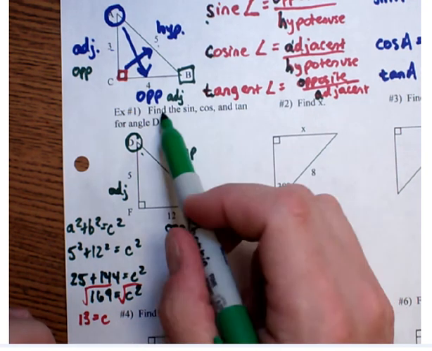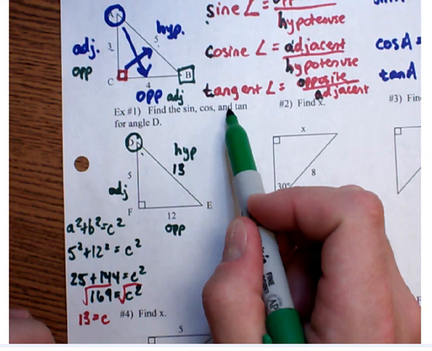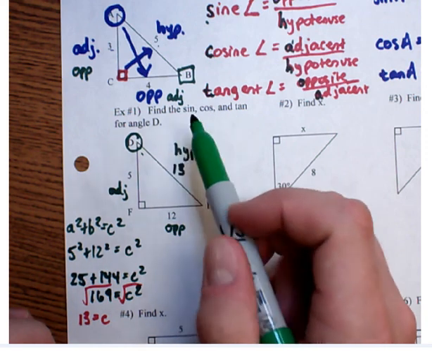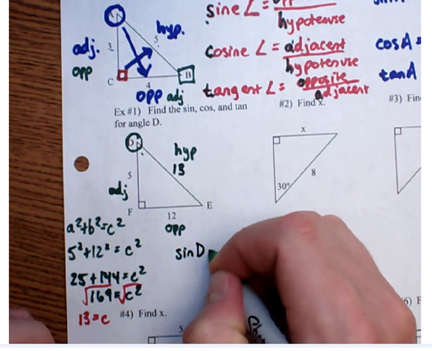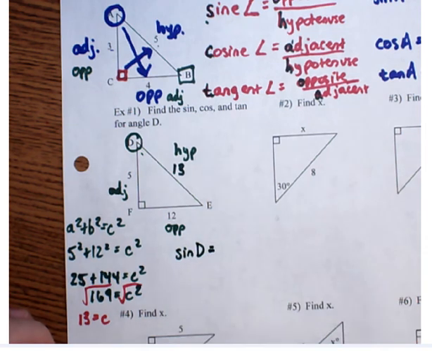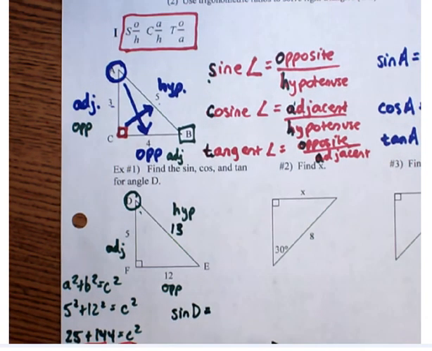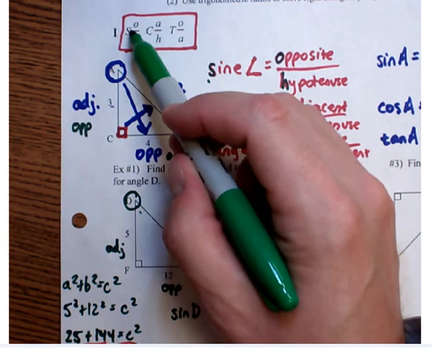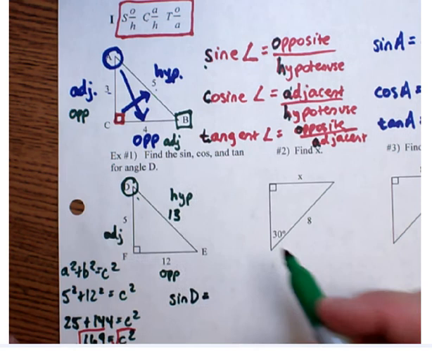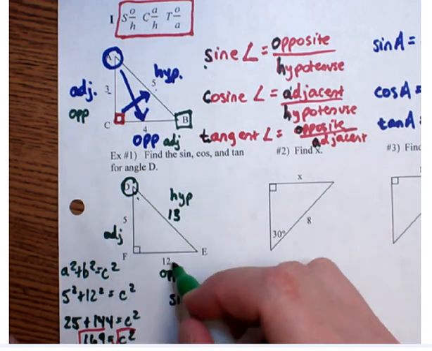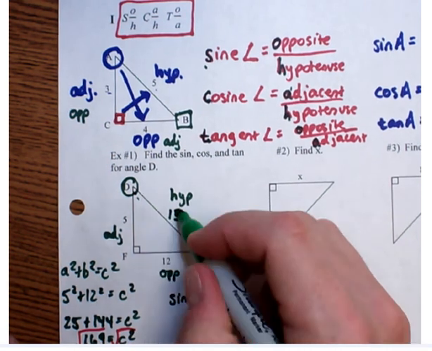Directions say find the sine, cosine, and tangent for angle D. Alright, so here we go. Sine of angle D. So now I'll go back up here to SOHCAHTOA. Sine is the opposite divided by the hypotenuse. So the sine of angle D, opposite is 12, over the hypotenuse 13.